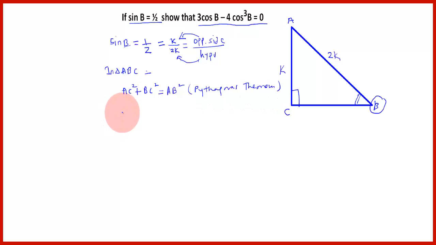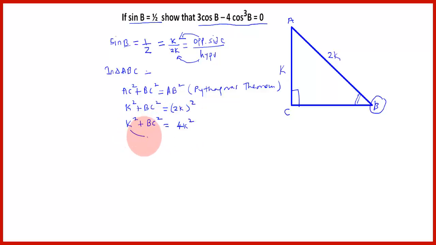AC square is k square, plus BC square that we do not know, which is equal to AB square, that is 2k bracket square. So it will be k square plus BC square is equal to 4k square.